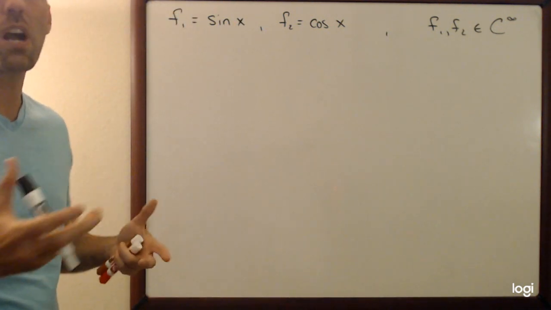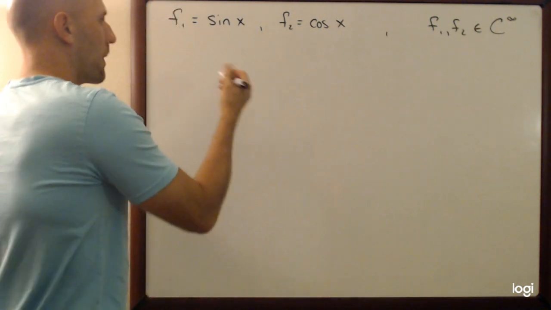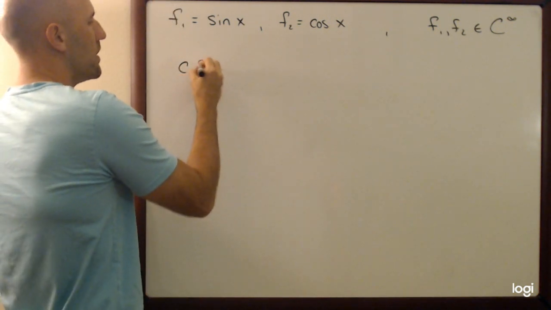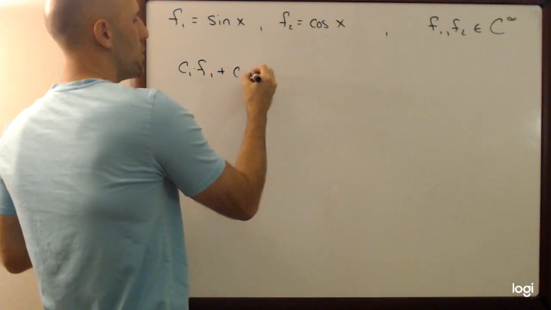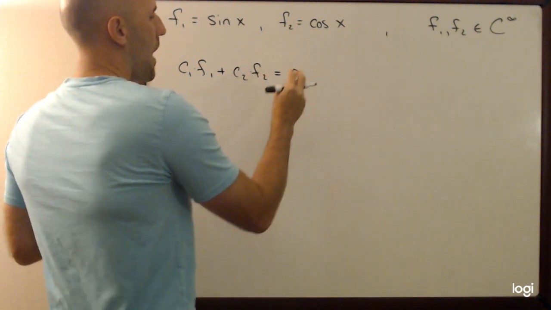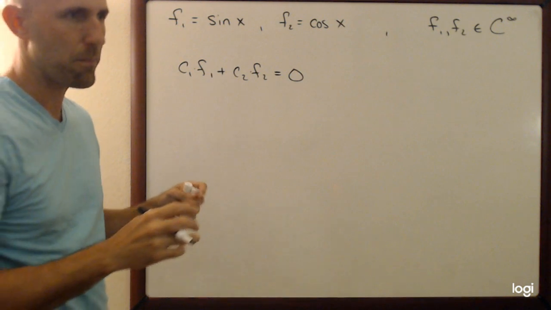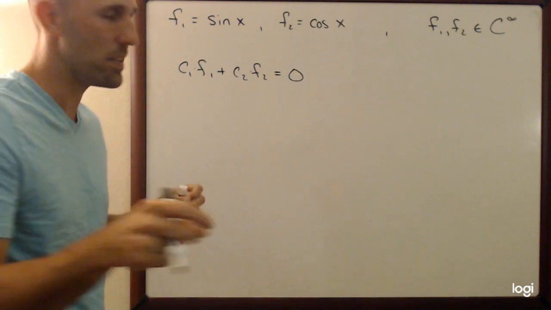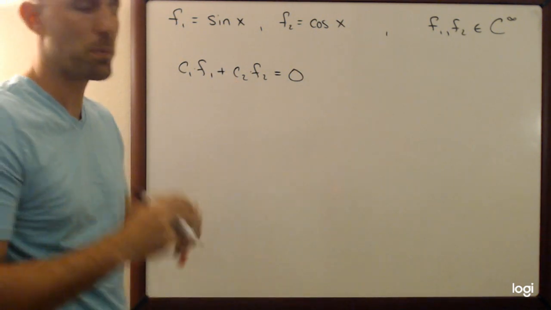Well, I could try the long way. I could say, let's look at C1 times f1 plus C2 times f2, and if that equals the 0 vector, it's linearly independent if these two constants must be 0.